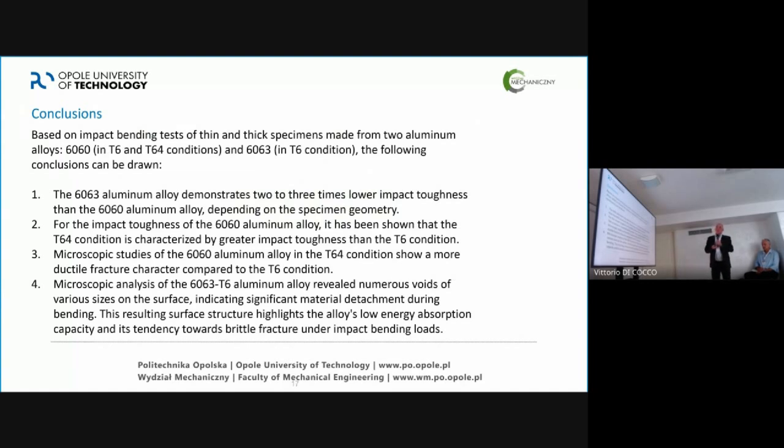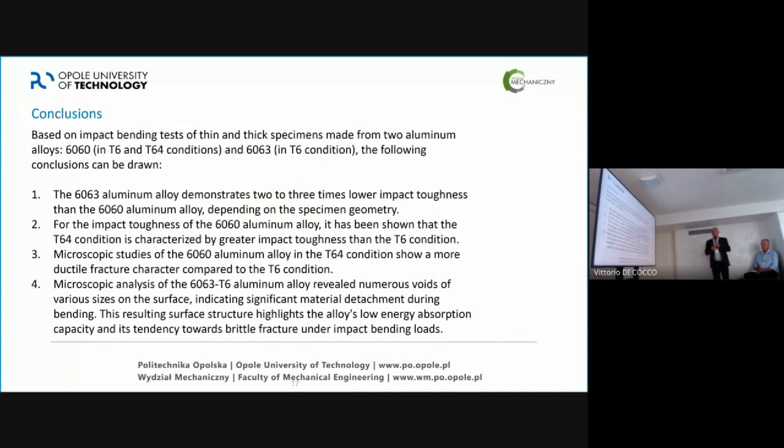At first, the 6063 aluminium alloy demonstrates 2 to 3 times lower impact strength than the 6060 aluminium alloy, depending on the specimen geometry. It was very easy to find after the experiment. For the impact strength of 6060 aluminium alloy, it has been shown that the T64 condition is characterized by greater impact strength than the T6 condition.